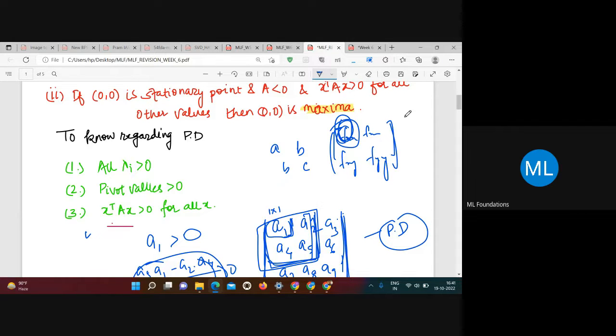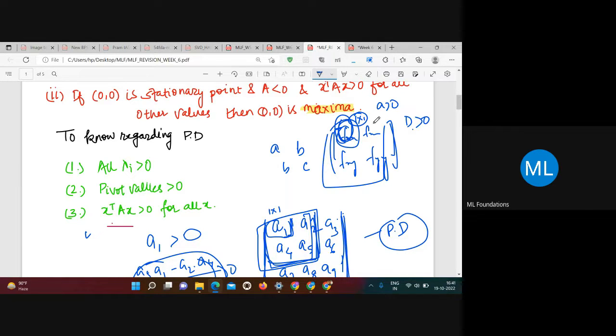If the determinant is positive, that means what? This is what we are doing here also. We are just calculating the leading minors: 1 cross 1, and then 2 cross 2. It's the same thing we are doing here. In the conditions also, we have written that A should be positive and the determinant should be positive.